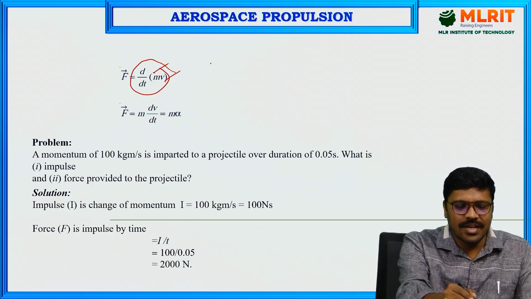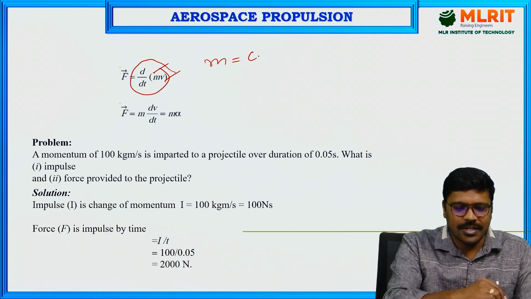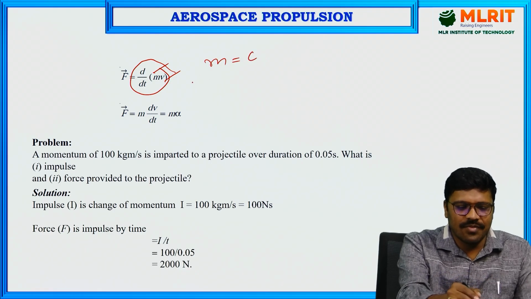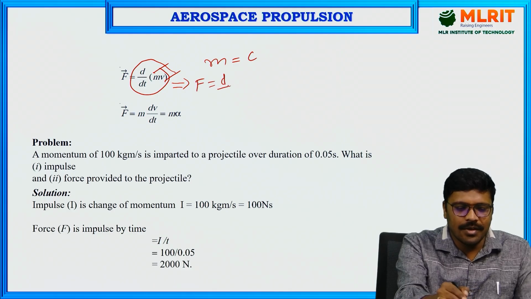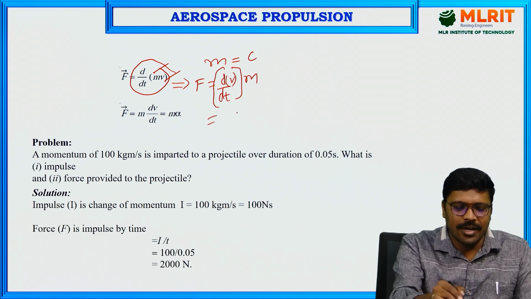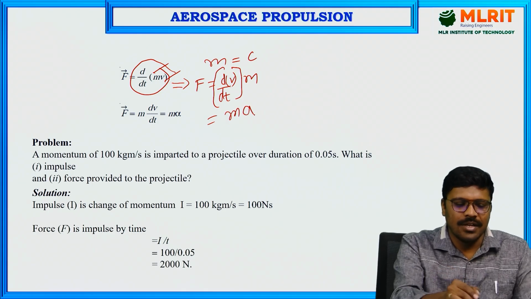If I consider m is constant, then this equation becomes f is equal to d by dt of velocity into mass. Because mass is constant, it can be written as mass into dv by dt, which is acceleration, that is ma.